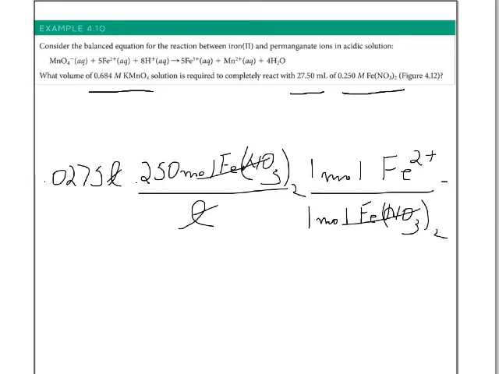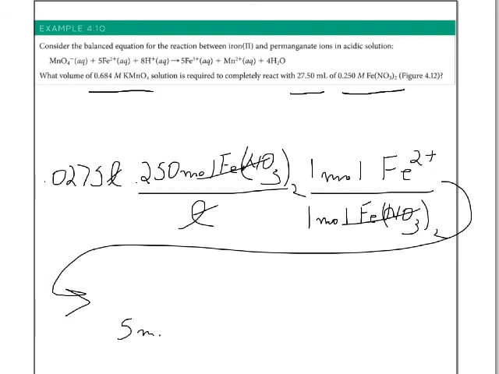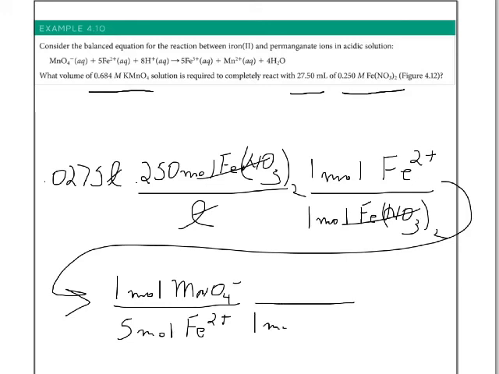Now I have to go down here, so I have to kind of extend this over. For the relationship between the iron 2 plus and the MnO4, we see that there are 5 moles of Fe2 plus that will react with every 1 mole of MnO4 minus, and for every 1 mole of MnO4 minus, we have 1 mole of KMnO4.